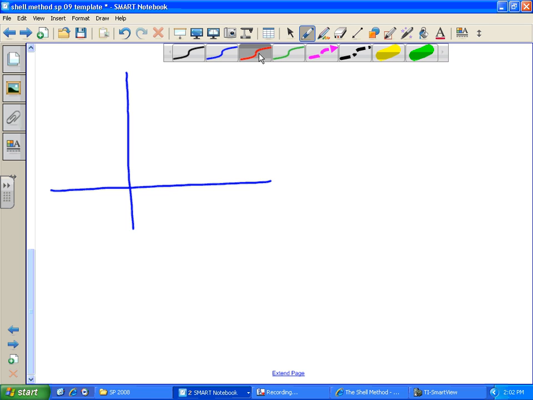So we have y equals x squared, y equals 2x, but we're going around the y-axis. Once again, we have a choice. We can pick any kind of rectangle we like. I'm going to begin with the one I think is easier, which is the shell method. I'm going to pick a rectangle like this, one that is parallel to the axis of rotation.